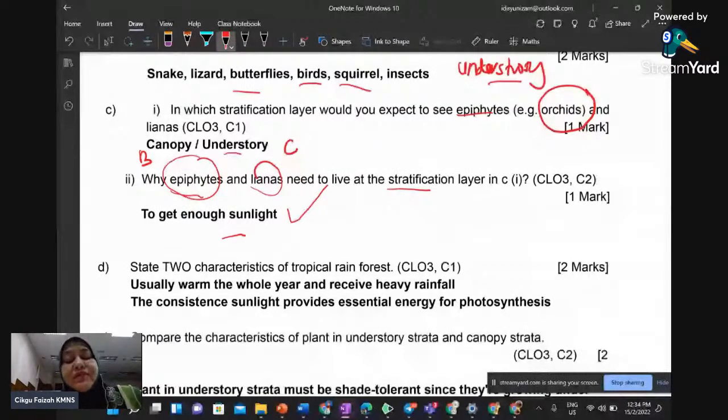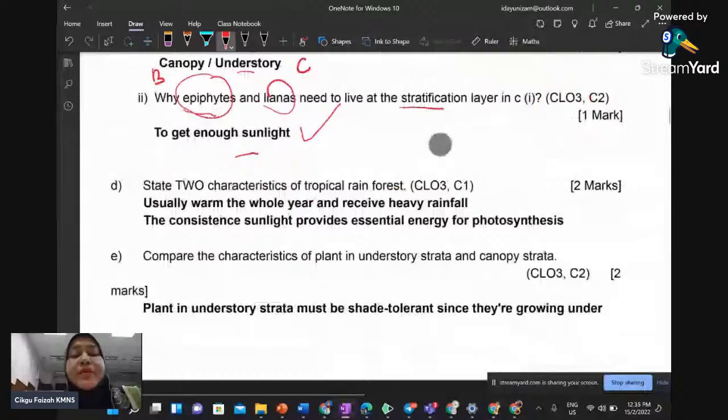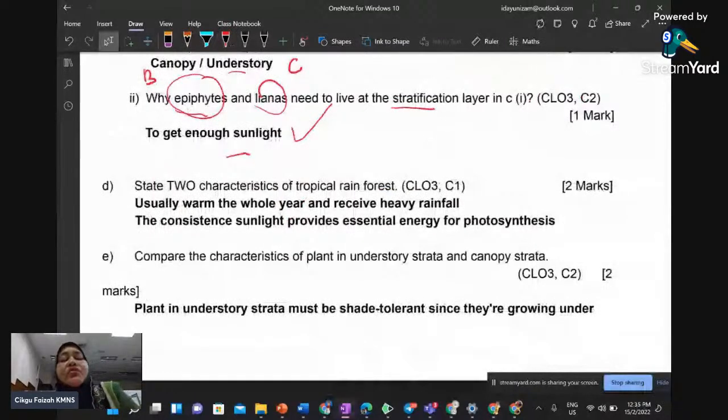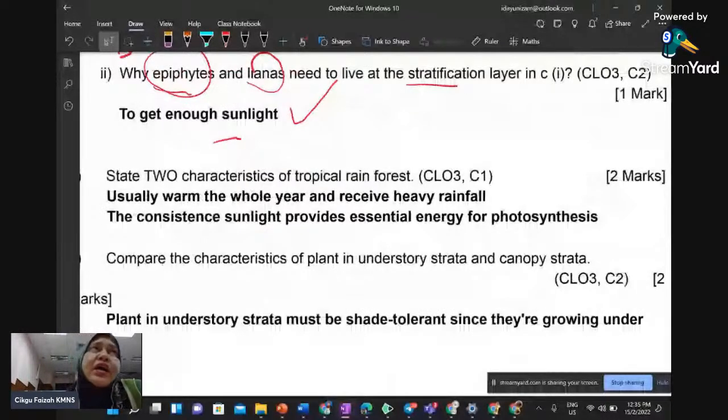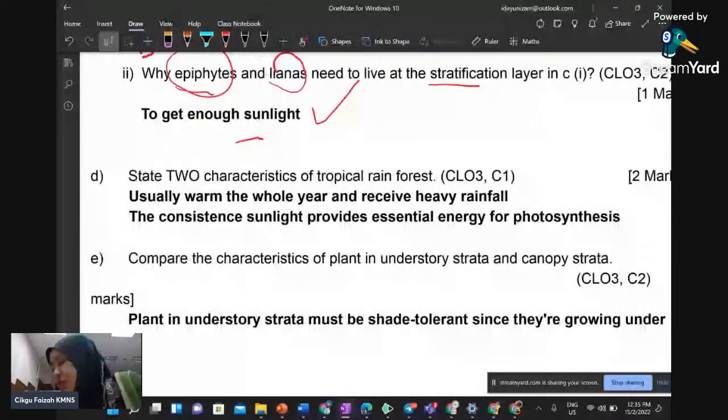Okay, so far boleh kelas? Okay, next, what are the two characteristics of tropical rainforest? Okay, you all yang ini tak boleh jawab, memang tak patut lah, because we are living in this ecosystem. Okay, kamu living in this ecosystem so you must know the characteristics of tropical rainforest.